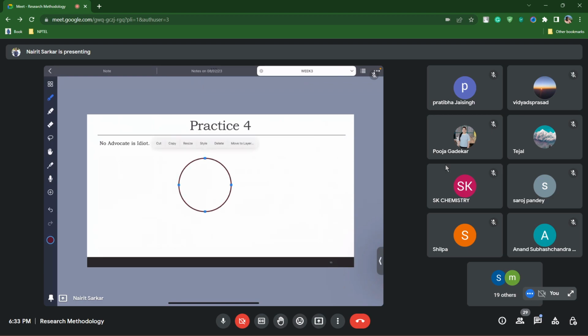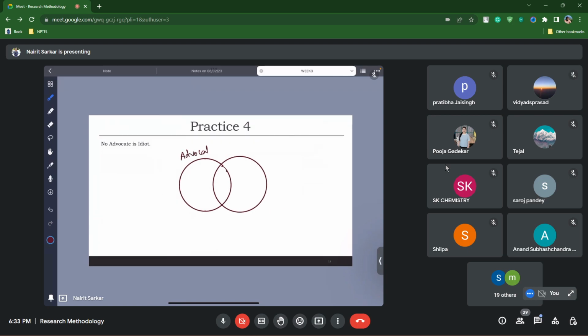So if I draw two circles, one small and one big, the first one is advocate, second one is idiot.